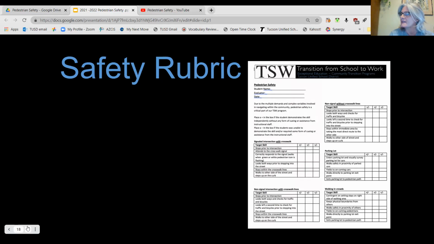One of the things we use in the ACT program, Advanced Community Training, is a safety rubric. And a rubric is a checklist. This is an assessment of your skills. So each one of you is going to get assessed on your pedestrian safety. The rubric looks like this. And what we do is we're going to watch you in the community to see if you are safe.